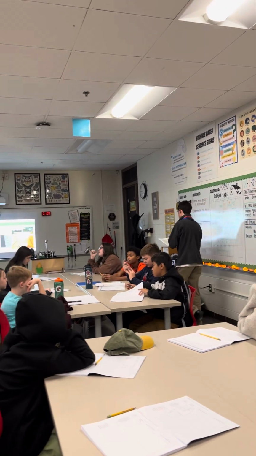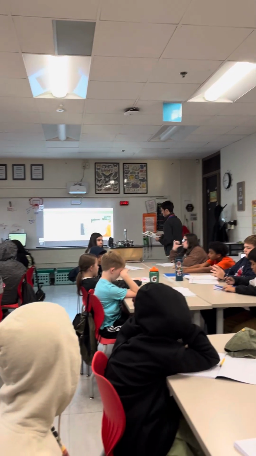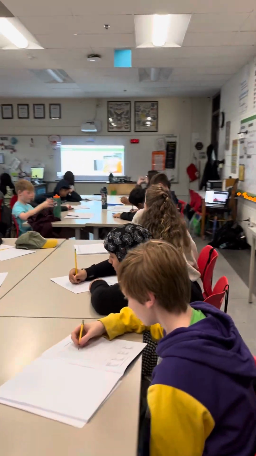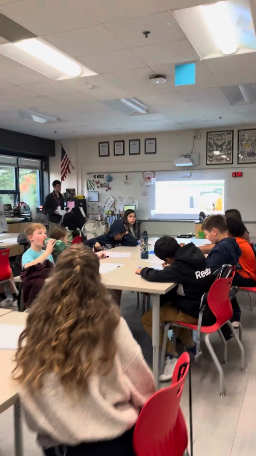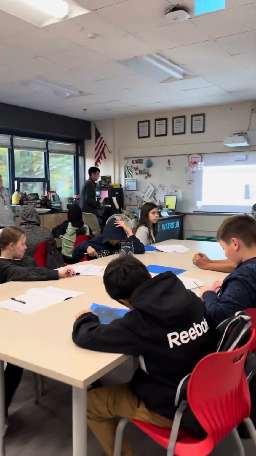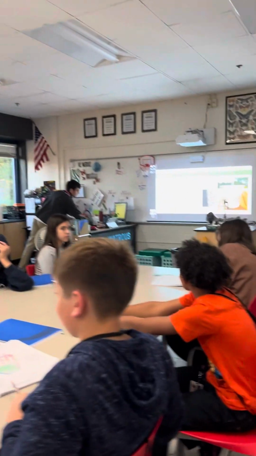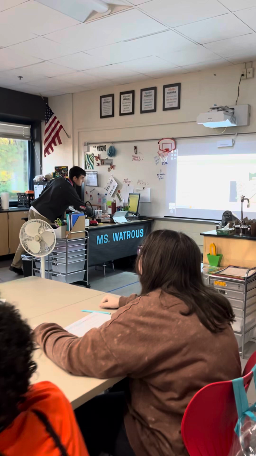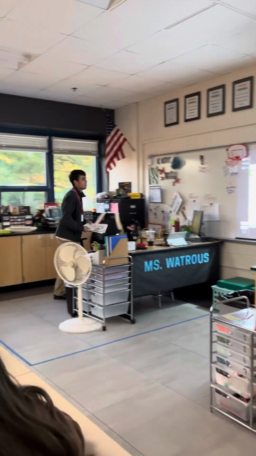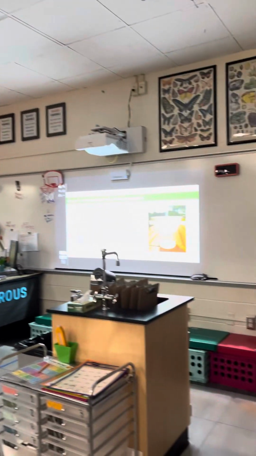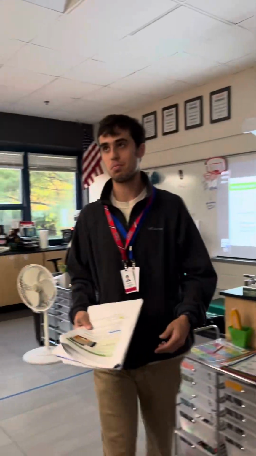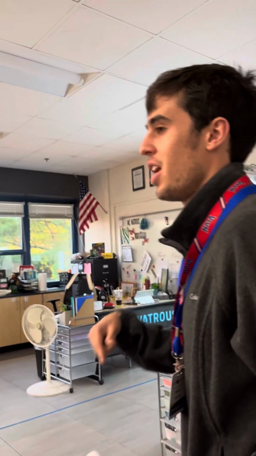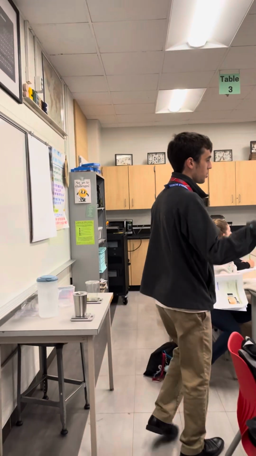Let's discuss. Now that we have a couple ideas about where the water droplets that form on the outside of our cold cup system come from, we need to figure out how we can actually test those ideas. So I want you to talk to your groups, in pods of 4.